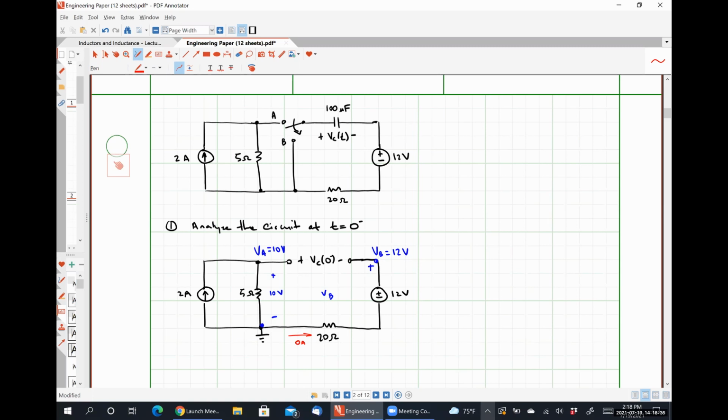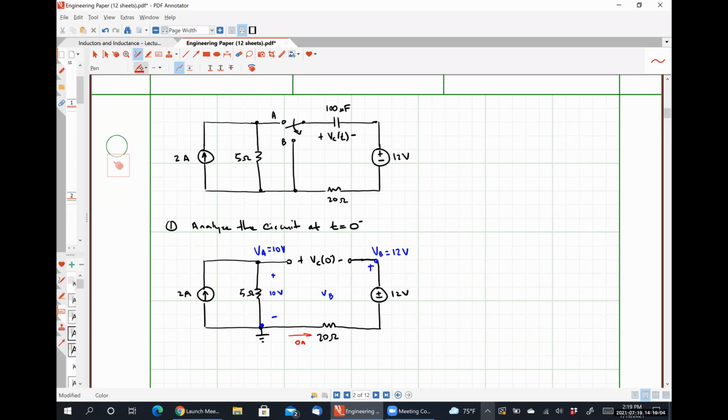So just saying VB is 12 volts because it's connected to a 12 volt source is incorrect. We have to acknowledge that that nodal voltage is with respect to our ground node. And since there's no current flowing through the 20 ohm resistor, that's why it happens to be the same as the voltage being provided by that source on the right.